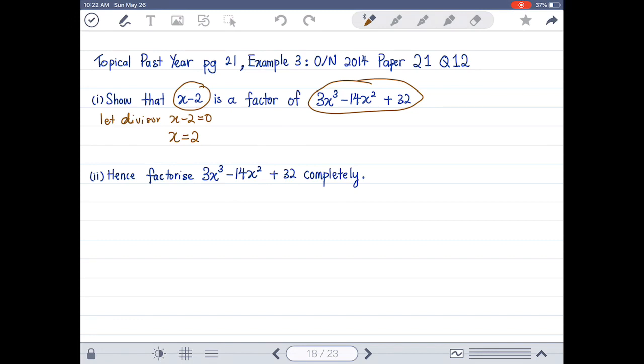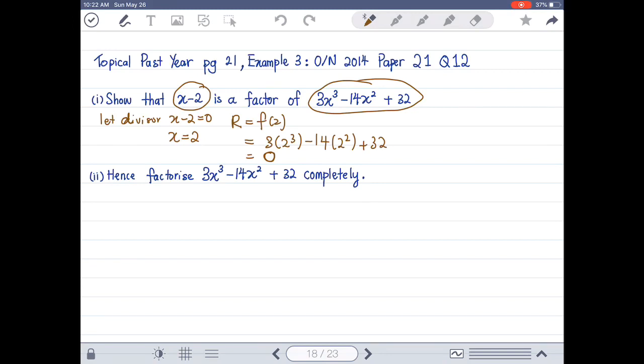So from the factor theorem or remainder theorem, we just find the remainder. R is just equal to f(2). So we insert the value: 3 times 2 to the power of 3 minus 14 times 2 squared plus 32. And press your calculator, you will get 0.